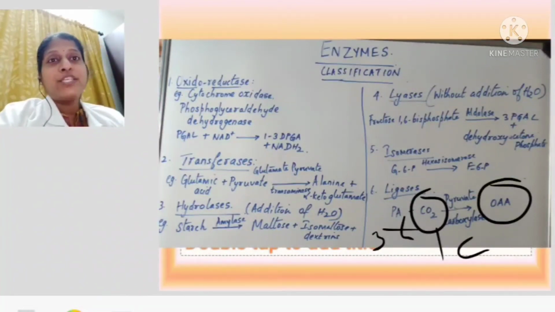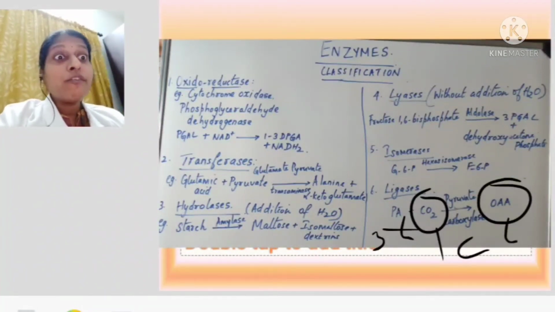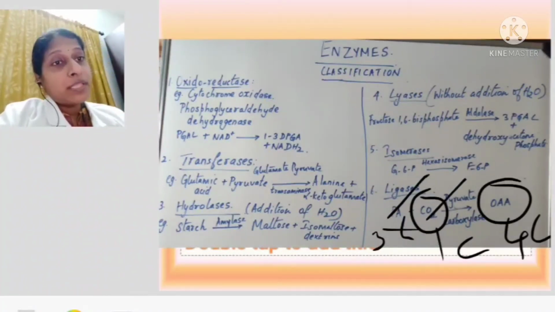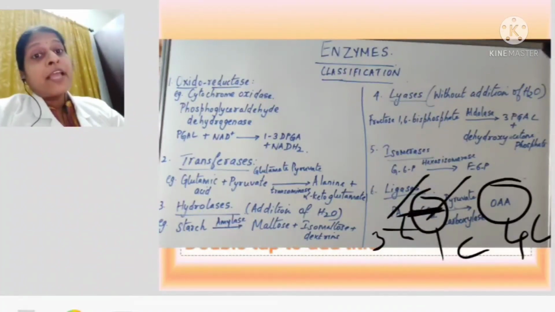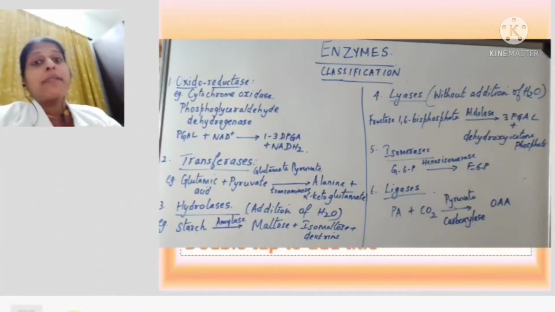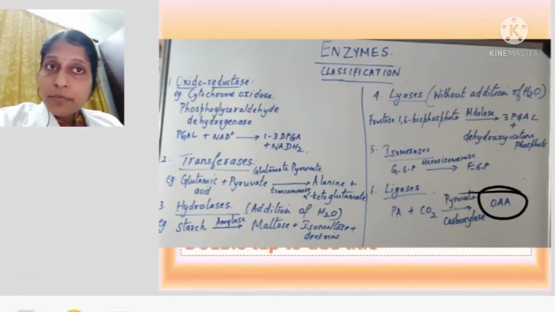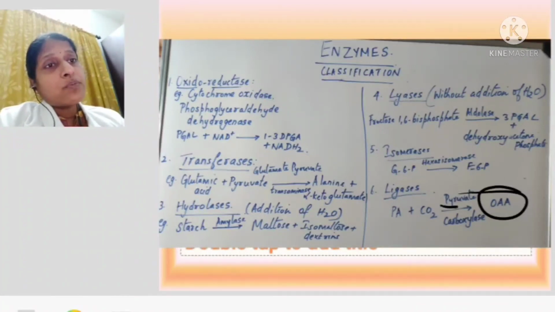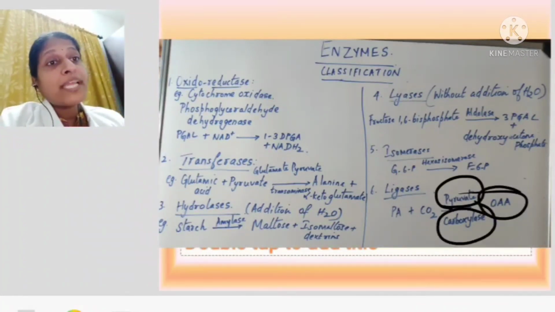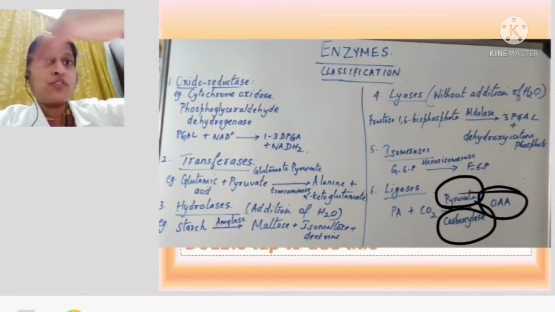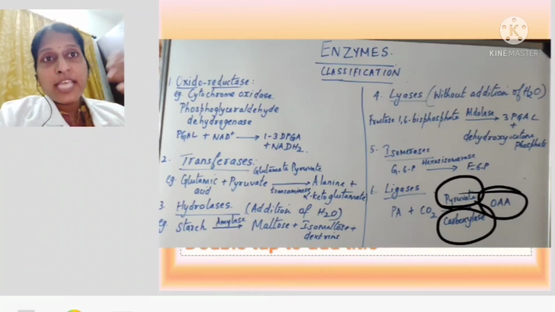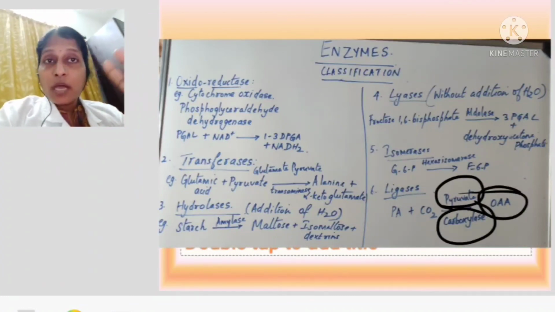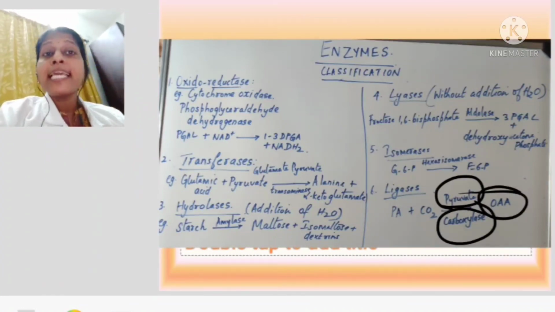What is OAA? It is oxaloacetic acid, which is a 4 carbon compound. So one is combining with the other, forming a bond, and joining is taking place, because of which a complex substance is formed. The enzyme involved is pyruvate carboxylase. Carbon dioxide is added, so carboxylase adds it to pyruvic acid to form a 4 carbon compound, oxaloacetic acid.